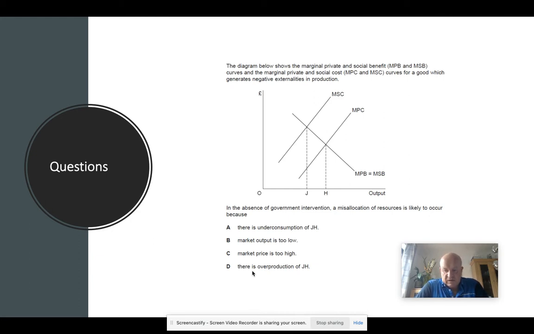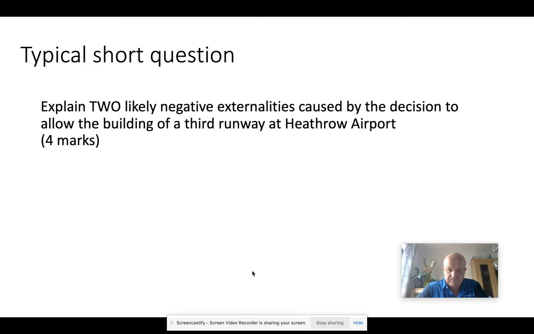Depending on which one is higher than the other, we should be able to assess whether there would be a misallocation of resources and what has caused it. In this instance, we have an absence of government intervention, and there would be a misallocation of resources. Why? Have a go at answering that question and see if you can explain exactly why that should be the case.